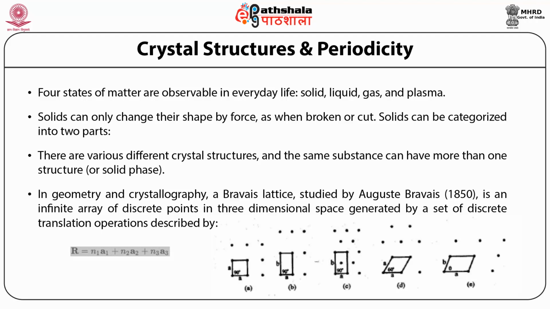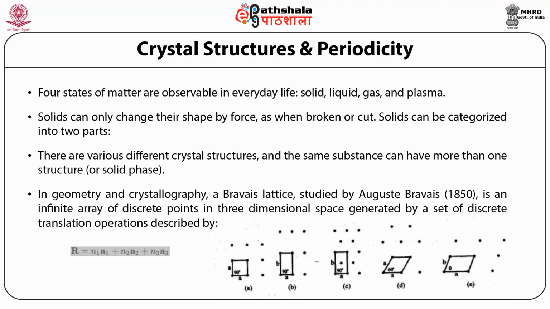For any choice of position vector R, the lattice looks exactly the same. The number of Bravais lattices in 2 dimensions is 5 and in 3 dimensions they are 14 in number.